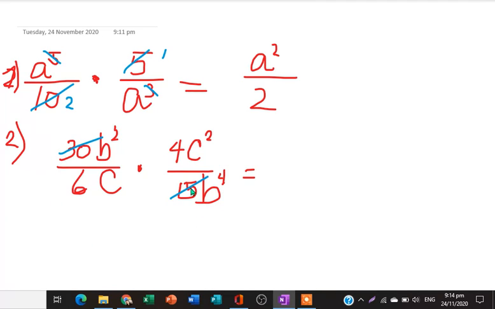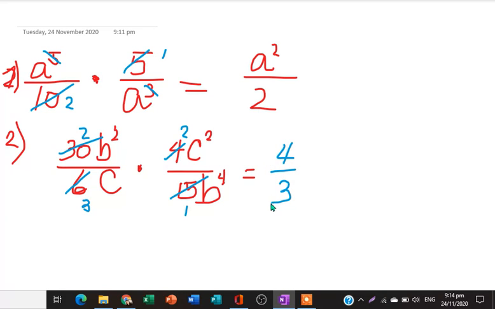The common factor is 15, so this becomes 2. 15 divided by 15 is 1. And then we have here 6 divided by 2 is 3. 4 divided by 2 is 2. So therefore, 2 times 2 is 4 over 3.